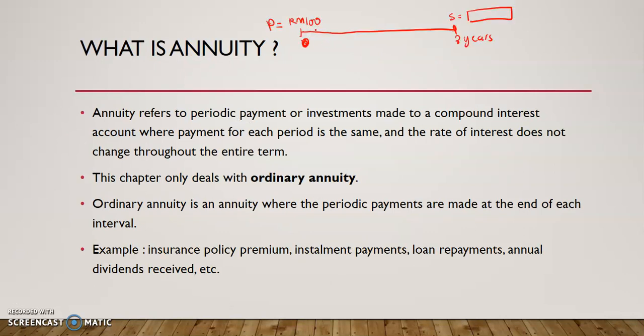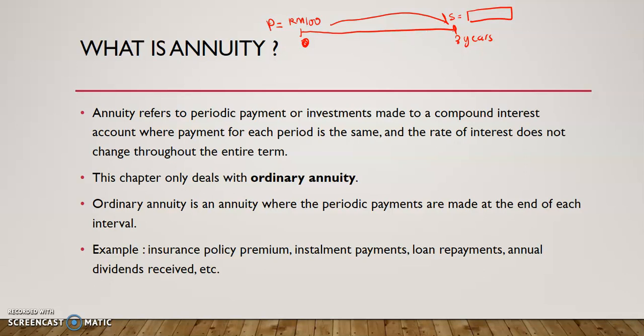So after 3 years, your 100 ringgit will increase because you have an additional amount, and that additional amount is called interest. So this is the concept of compound interest. In calculating the interest, we use the compound interest concept. So that is the general concept of compound interest.